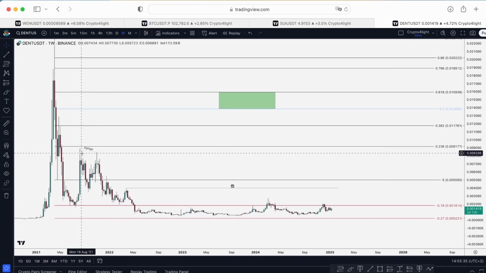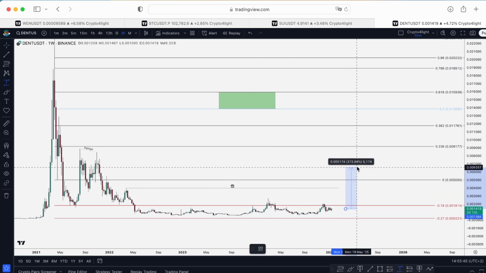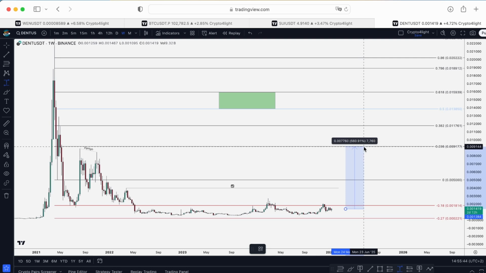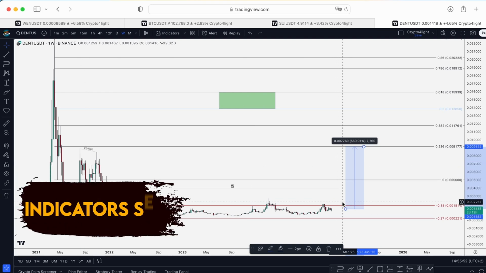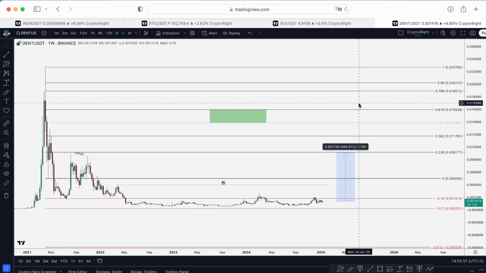When you see something like this one, most likely you can be sure, if the token is still relevant, still exists on the centralized exchanges, people trade it, and there's volume on this token, yes, most likely after 3-4 years we will come back and sweep those highs, the liquidity pool. The same story happened with XRP.